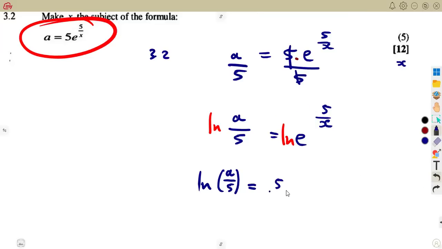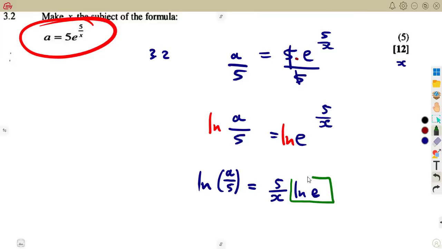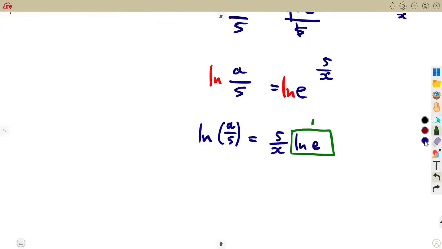So it will be 5 over x, the ln of E, where we understand that from our logarithms, ln of E is equal to 1. So we are left with ln A over 5 is equal to 5 over x times 1, which is 5 over x.